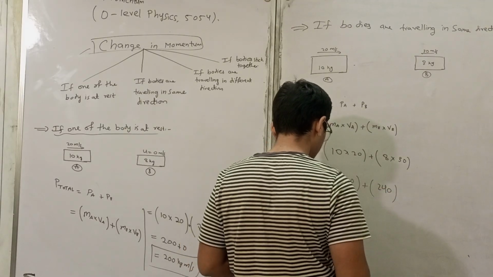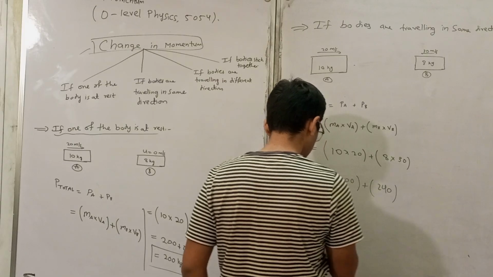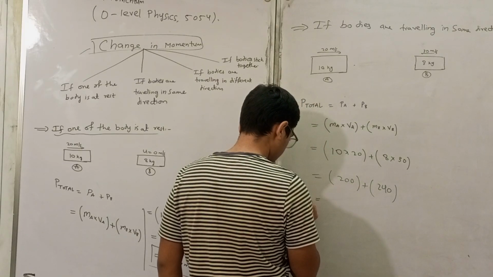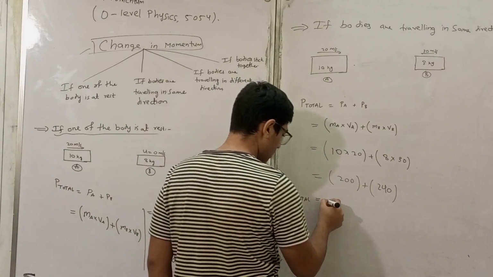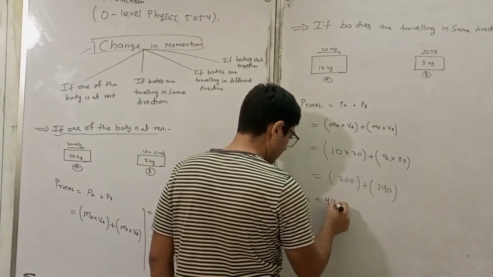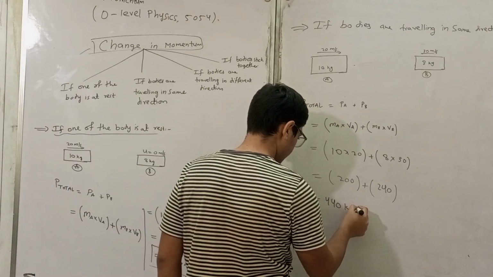So 200 and 240. So total momentum will be equals to 440 kg meter per second.